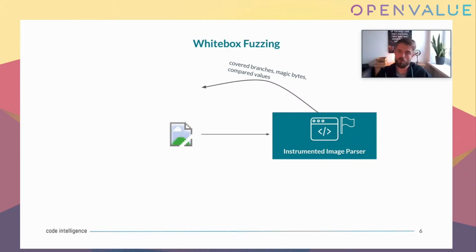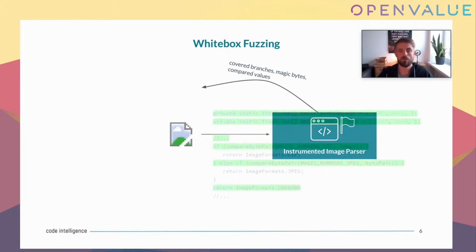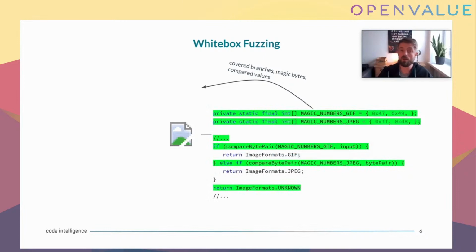But now when we give it as an input, what's basically happening, and we can observe it during runtime because of the instrumentation, is that you see what's happening inside the program. And here is a code sample from Commons Imaging, a very common library for handling the different image formats.